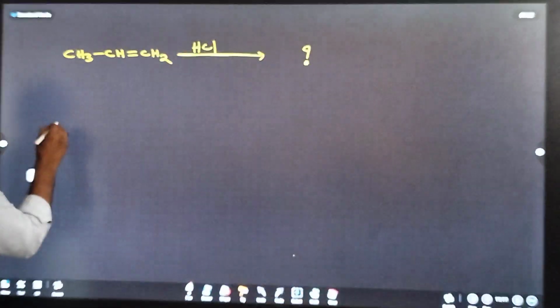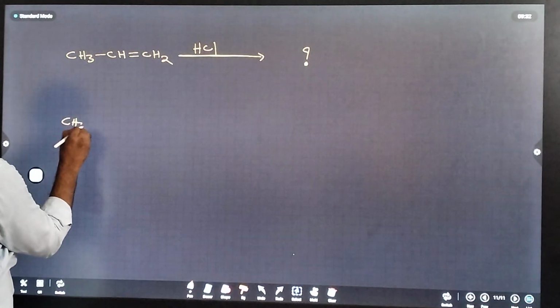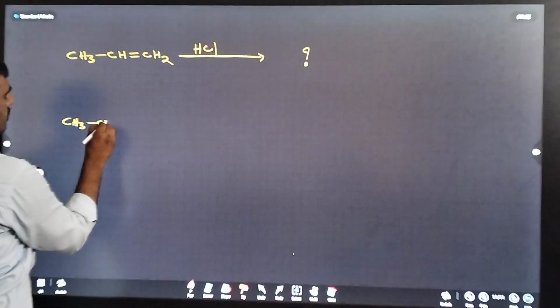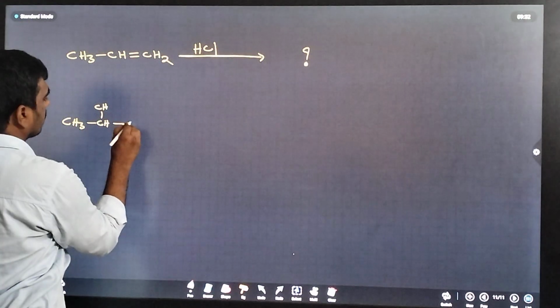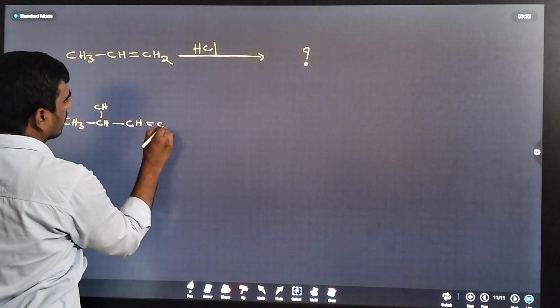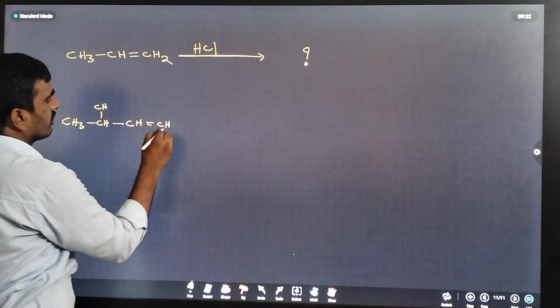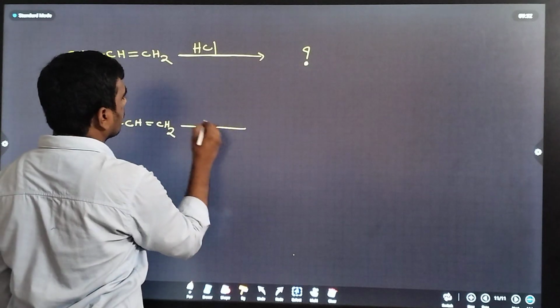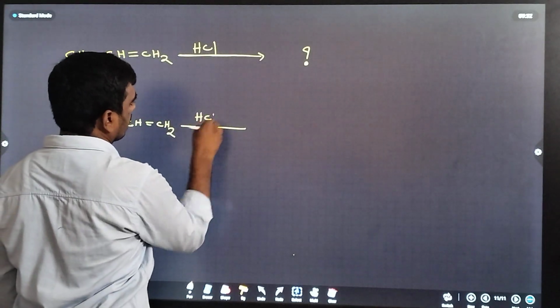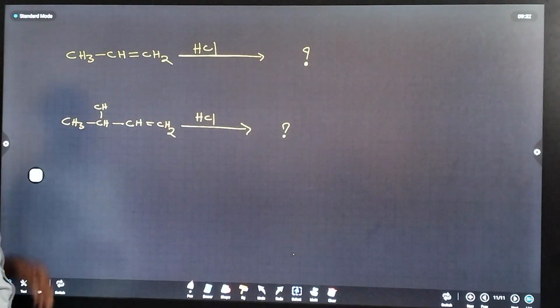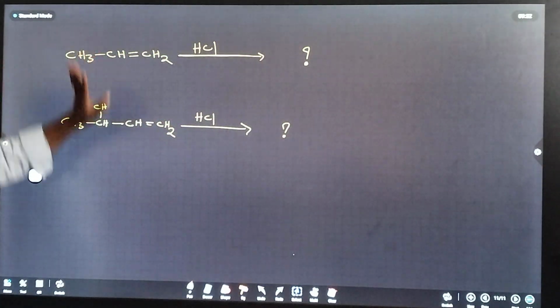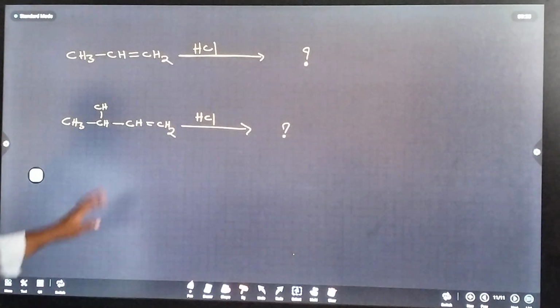Next, the second one, which product is obtained? Both are unsymmetrical alkenes.